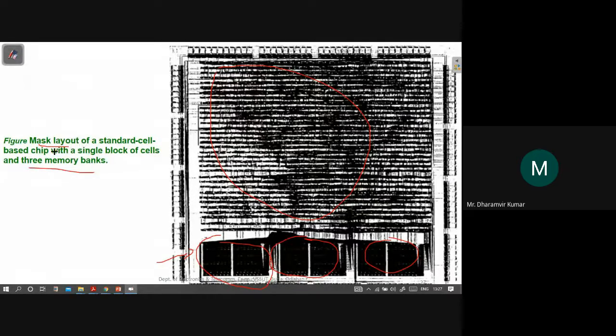So the mask is very important. I am giving emphasis to this term mask, so keep this term in your mind. This will become clear when we go through the fabrication process. A mask is very important from the fabrication point of view.